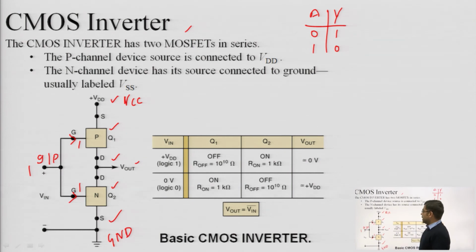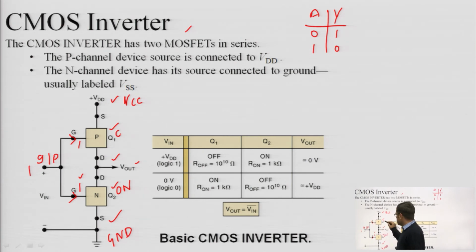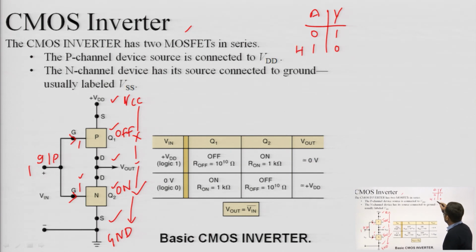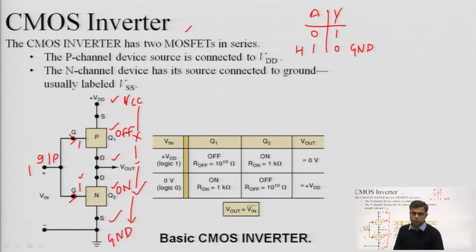I know that N type requires high gate voltage, so it must be on, and P type requires low gate voltage, so it must be off. If this is off, this path cannot be established, but this path can be established. So V out can be connected to ground. That means for high input, I am getting a ground connection at the output. That's why output is 0.